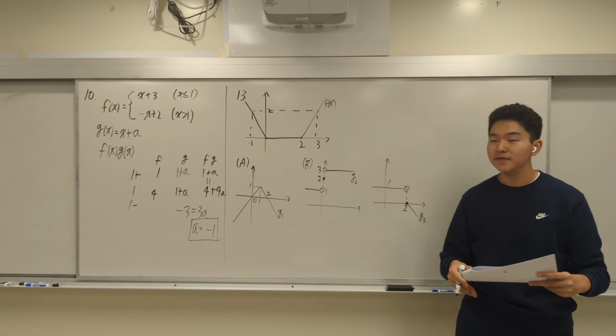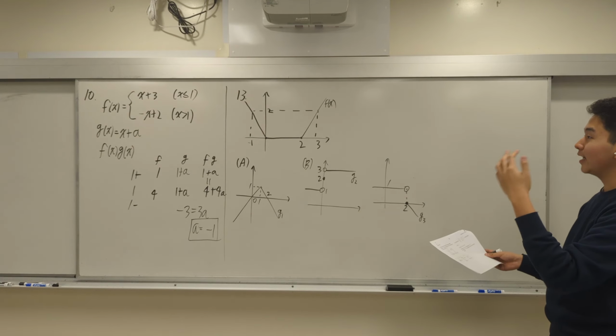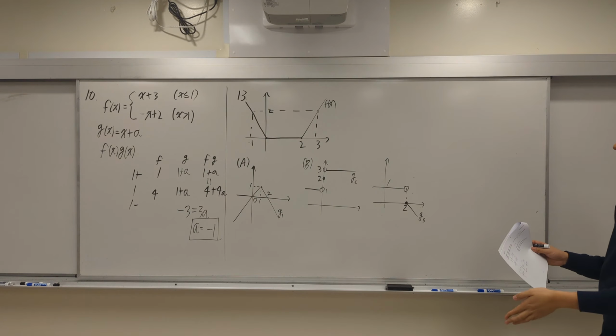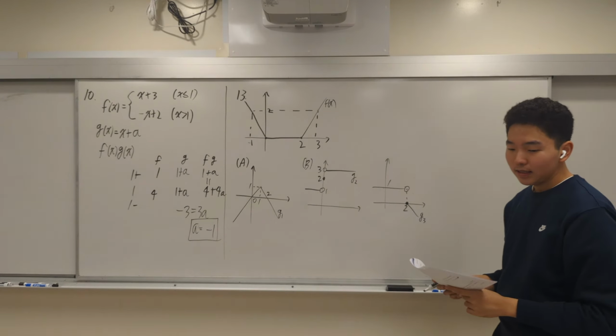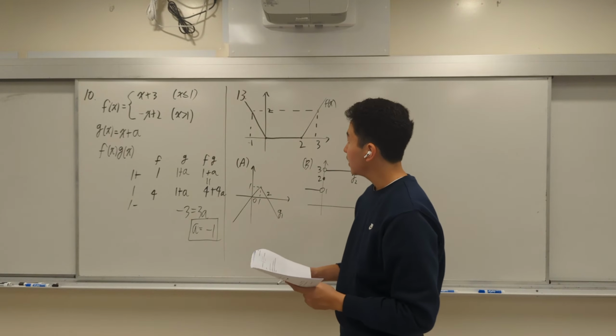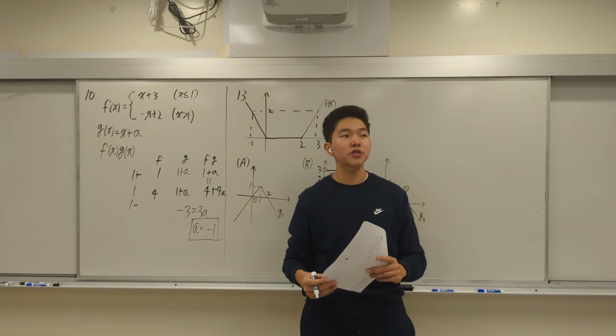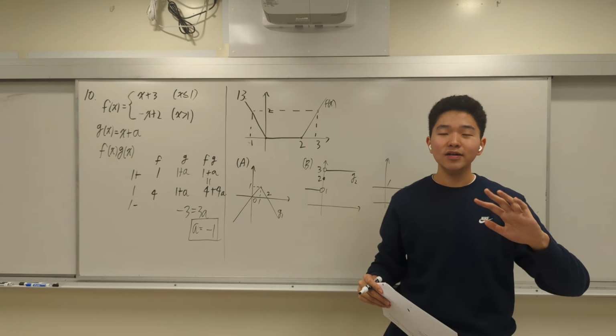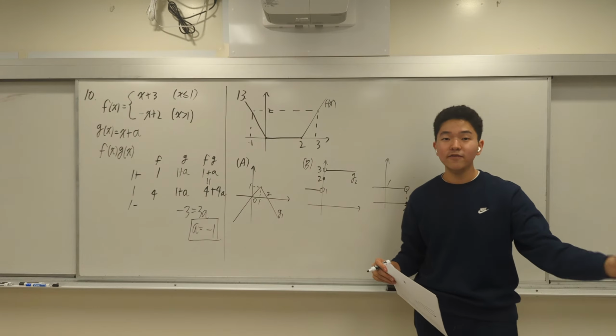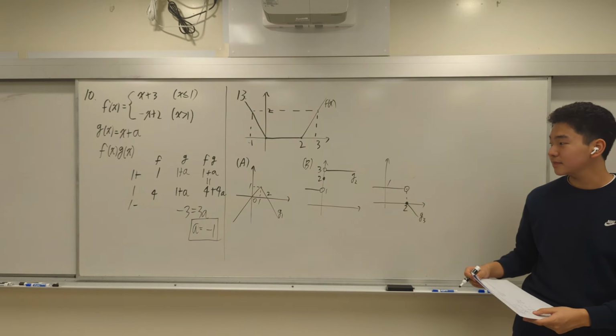The answer is no, right? Because for every point, the left-hand limit, the right-hand limit, and the function value remains exactly the same. So in the notes, I've shown you, you can add, subtract, multiply, or divide continuous functions and multiply constants to it. As long as the denominator isn't 0, the resulting function is always going to be continuous.